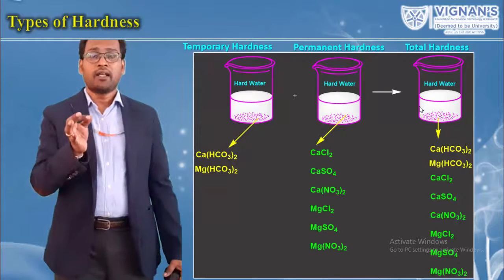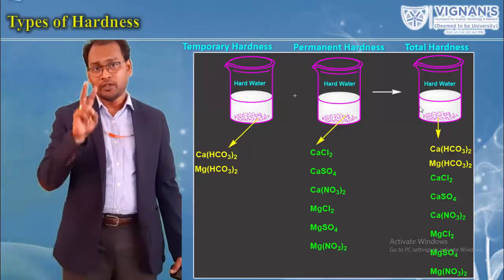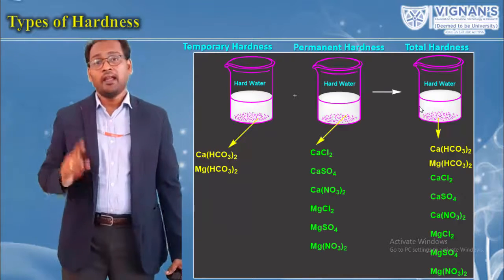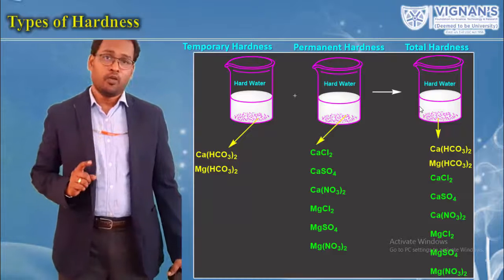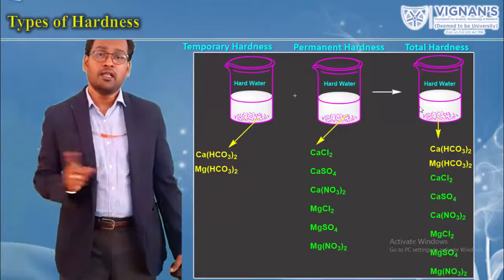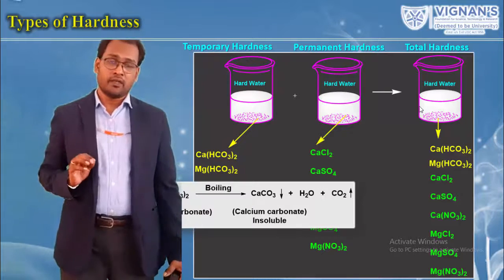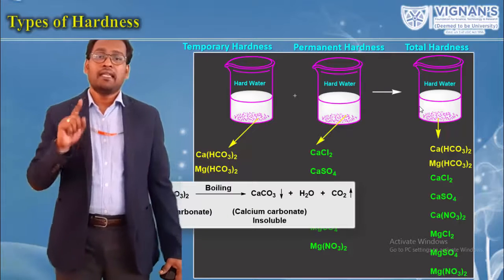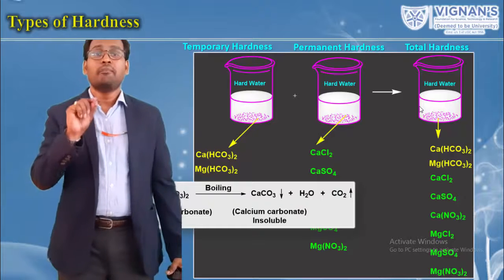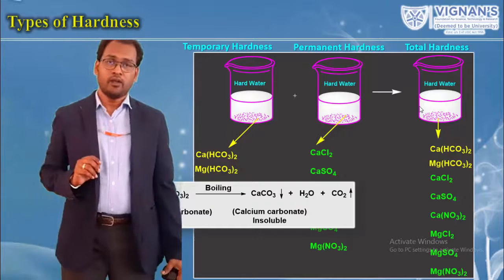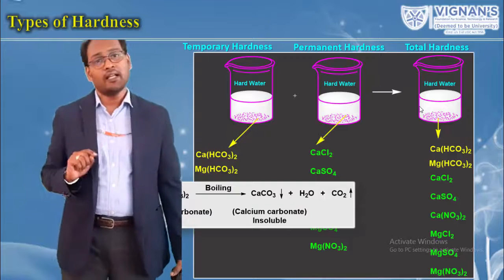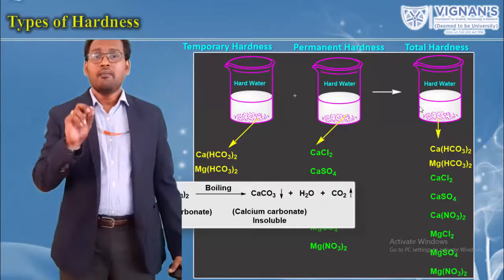Carbonates are insoluble in water, so they can be easily removed by filtration, whereas the dissolved bicarbonates in the sample can be removed by simple boiling.